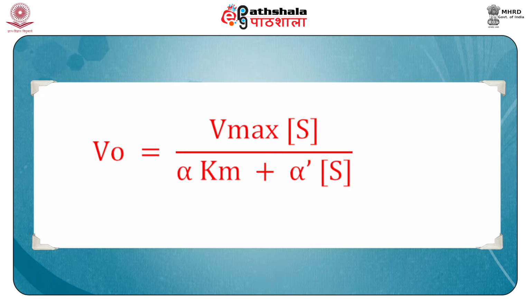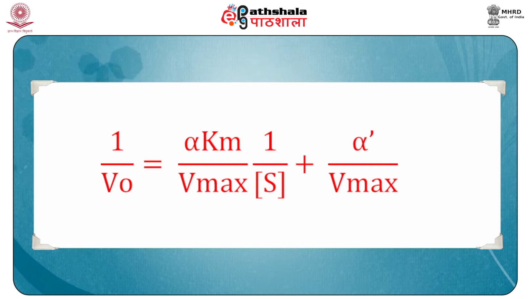The Michaelis-Menten equation can be derived to yield V0 is equal to Vmax S divided by alpha Km plus alpha prime S, which on taking double reciprocals on both sides leads to the Lineweaver-Burk equation: 1 over V0 is equal to alpha Km divided by Vmax into 1 over S plus alpha prime divided by Vmax.